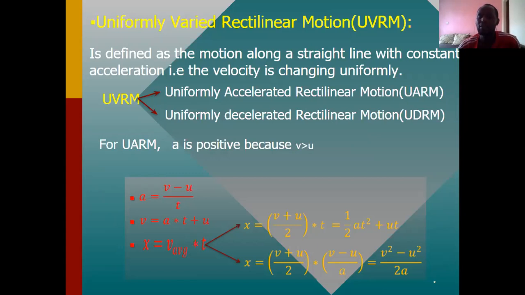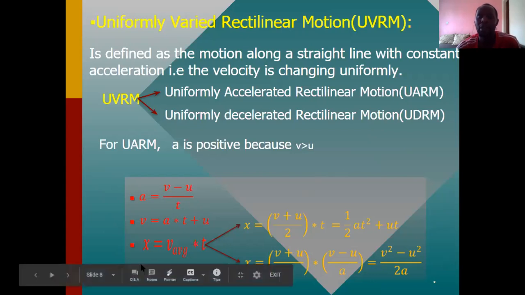And the third formula is the formula for displacement, x, which is equal to the average velocity multiplied by time. Here we have two formulas for displacement or distance. x is equal to average velocity multiplied by time, and we replace average velocity by its value, v plus u divided by 2.